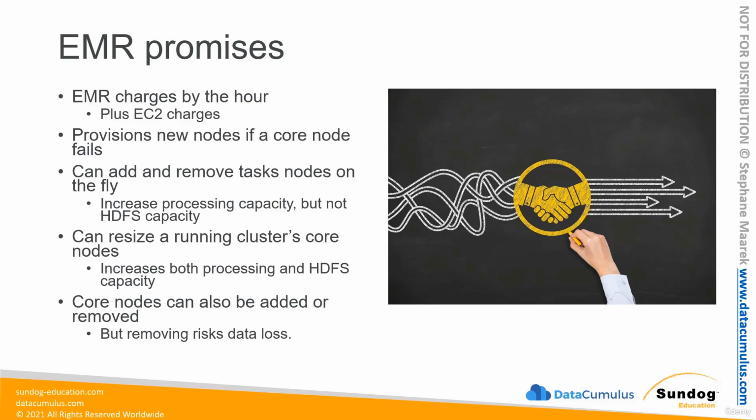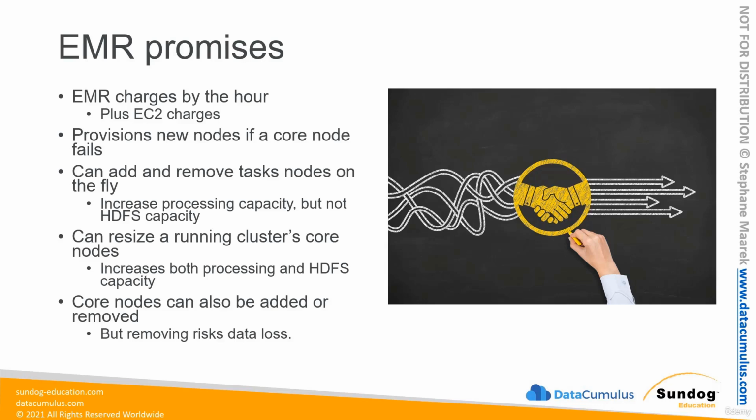Now normally you don't care because you're probably using EMRFS to talk to S3 under the hood so that your data is more persistent, right? But even if you are using HDFS, you can still use task nodes to increase your processing capacity if you don't need to increase your storage capacity at the same time. A good example of this is, let's say you're running some e-commerce website, like you're at Amazon or something, and you need to handle a huge surge of data coming in associated with Christmas time or something like that.